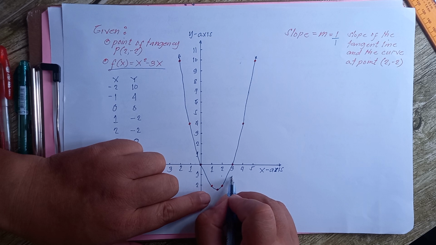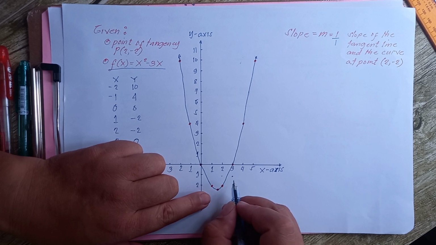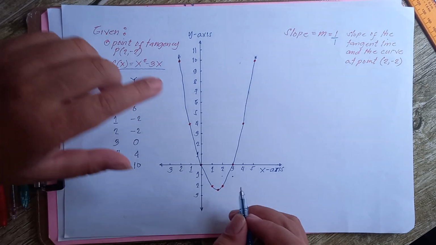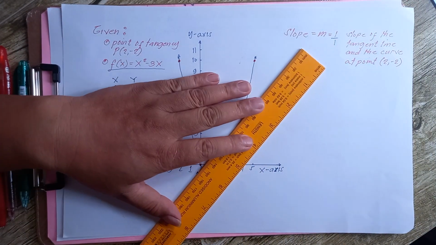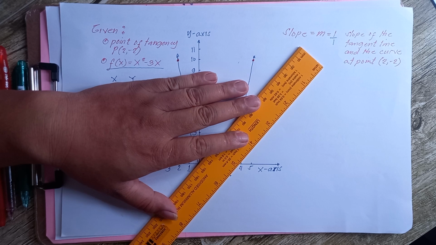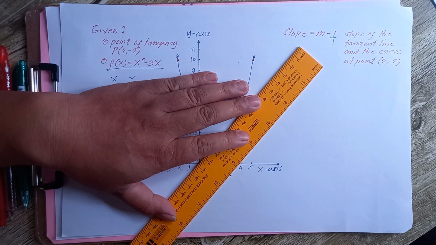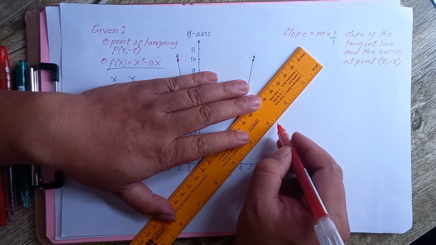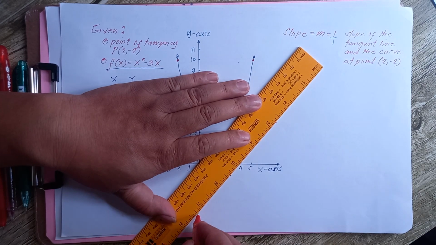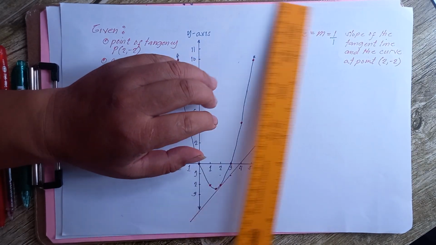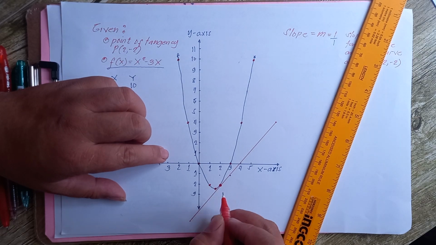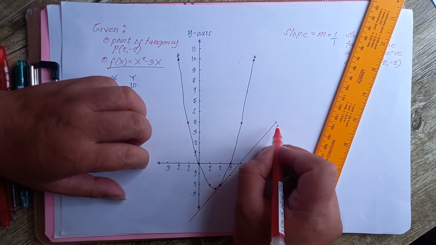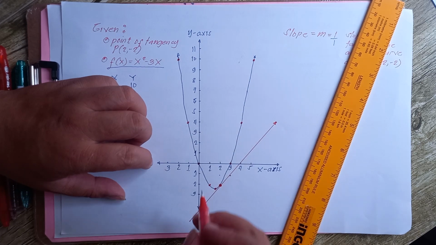So expected, you have the point here, so that you can now have the tangent line. So our tangent line now would be this one. Notice our tangent line touches the point of tangency. Okay, so this will be our tangent line.